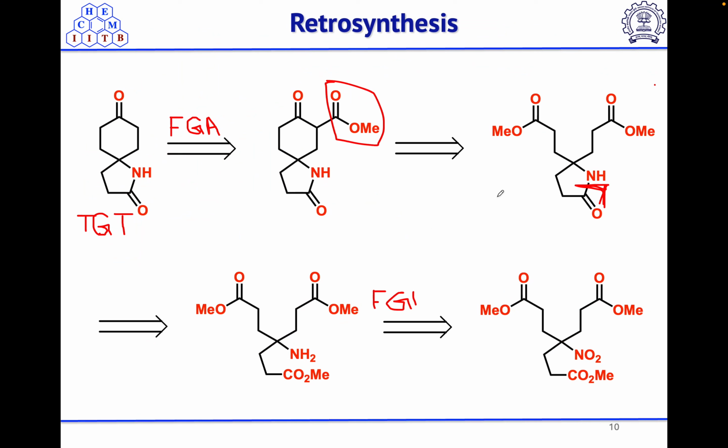So this is a very symmetrical molecule. If you see, this has this ester fragment, a two carbon chain ester fragment, here also a two carbon chain ester fragment. So we can think about this C-C disconnection, this C-C disconnection and this C-C disconnection. So we can think about nitromethane and three equivalents of this alpha beta unsaturated carbonyl, like an ester.